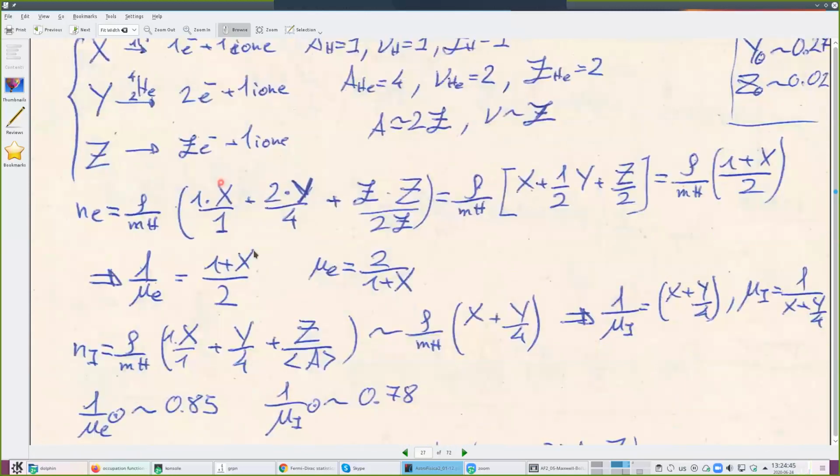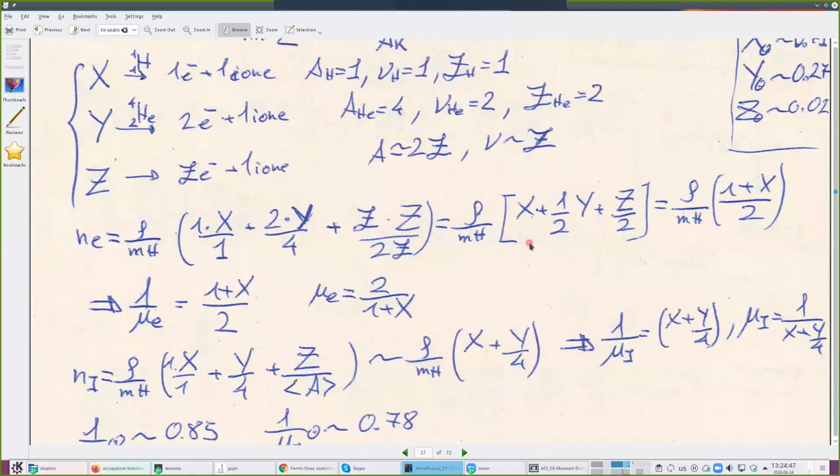And we can do some approximation. For electrons, we have 1 divided by the molecular mass. Usually the molecular mass is expressed as 1 divided by mu, it's always the denominator, which is 1 plus X divided by 2.